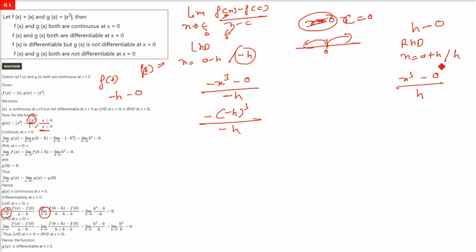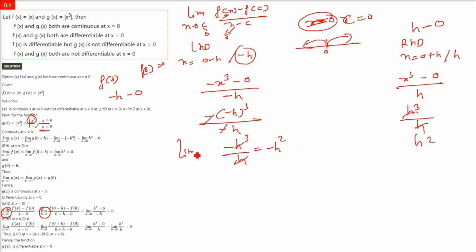There is a point where the limit will change also. Now this is h cube by h. You have minus h cube, that is going to be minus h cube only, because it is an odd power, and in the denominator you have h. So this gets cancelled. It will be minus h square. Here also it will be h square.